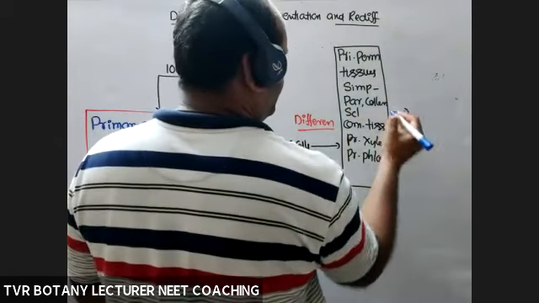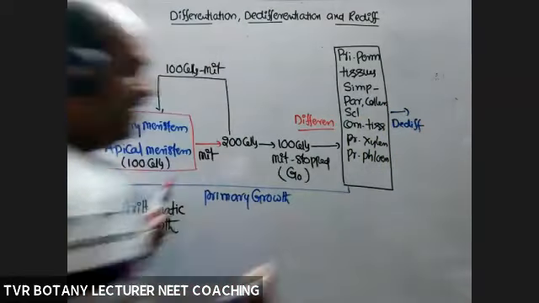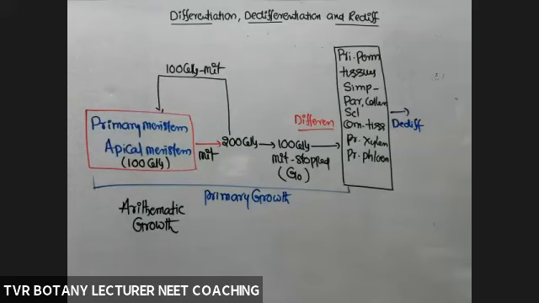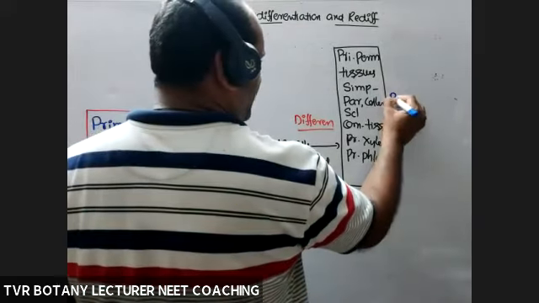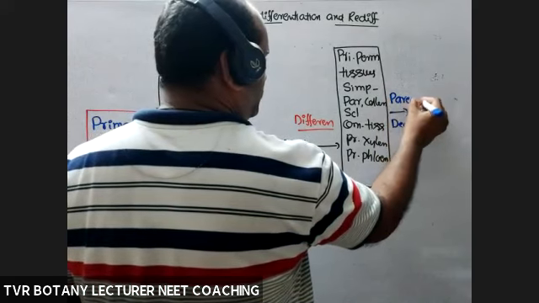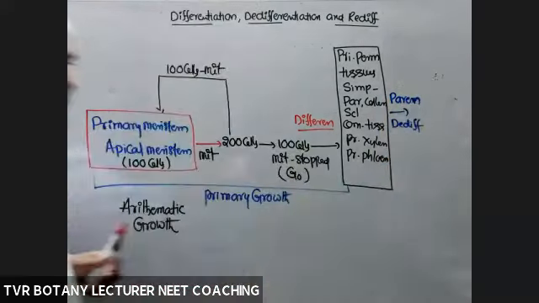So the next event is dedifferentiation. Dedifferentiation means regaining of mitotic ability. Parenchyma is able to regain mitotic ability. So that leads to what?